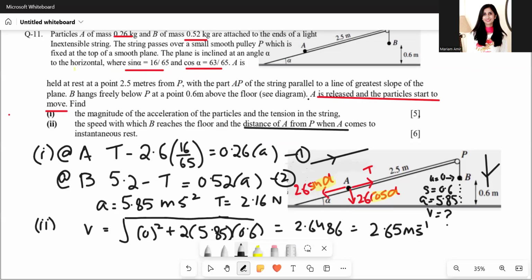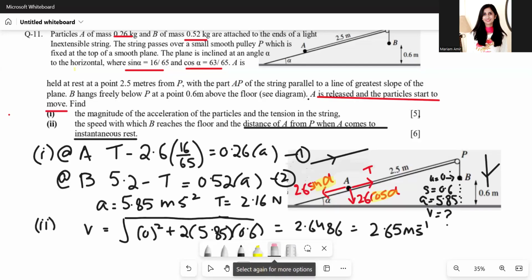Now find the distance of A from P when A comes to instantaneous rest.